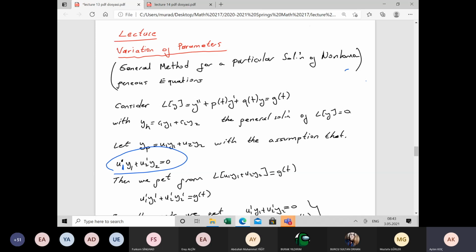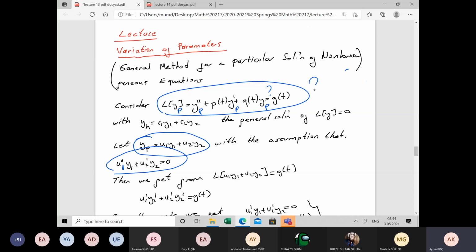Also, our aim is to get the particular solution, and a particular solution means it satisfies our differential equation, so y sub p double prime, y sub p prime, and y sub p should give g of t.